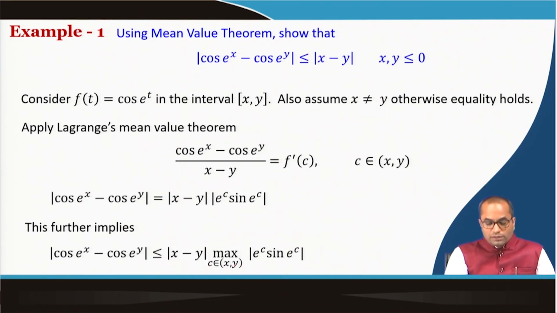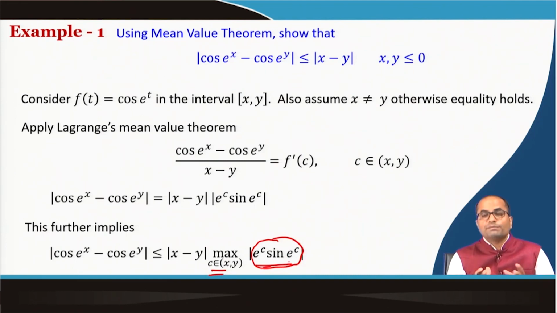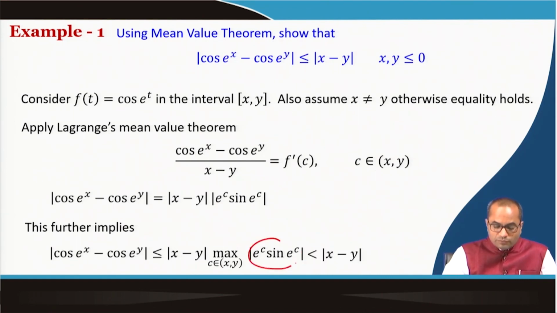Without much calculation, because one way could be to find exactly the maximum of this, we can have a rough estimate that this will definitely be bounded by 1, because sine is always bounded by 1, and e power c will be strictly less than 1 for c negative. So, definitely this will be strictly less than 1.